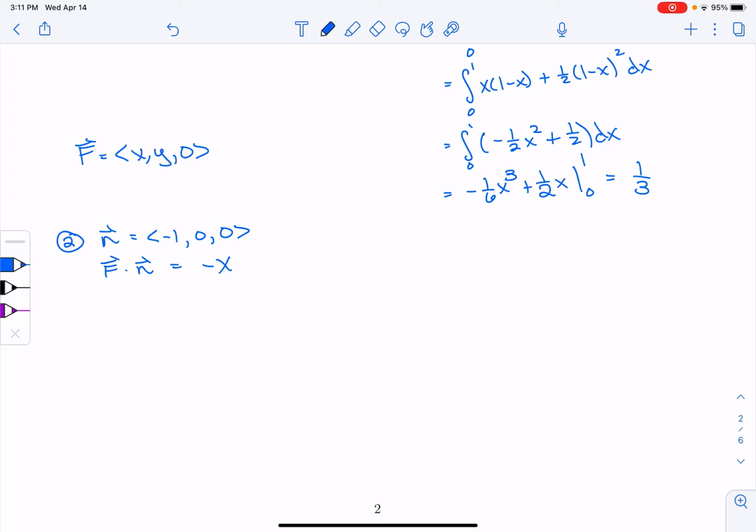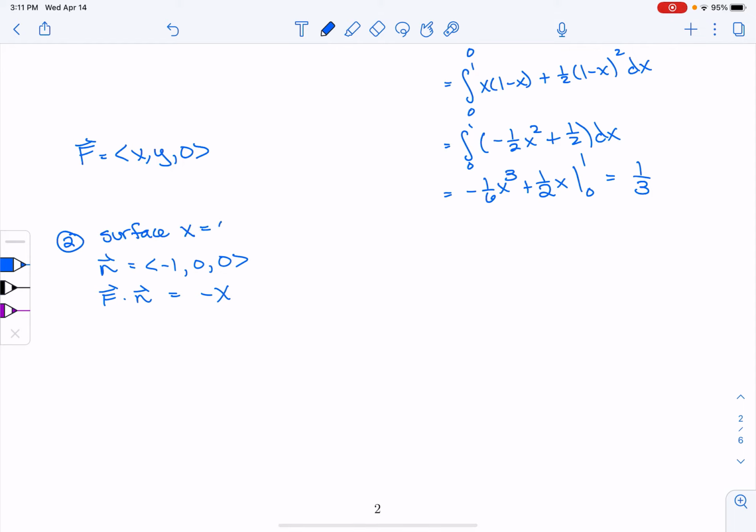But it's -x on the surface, and that surface is the surface x equals 0. So in fact, f dot n, which is -x, equals 0 on that surface. Therefore the flux is going to equal 0. So if I do the surface integral of f dot n ds, the flux through that surface is going to be 0.